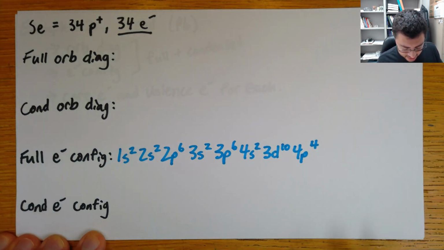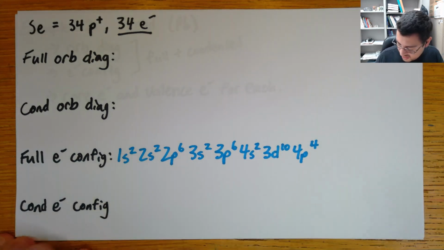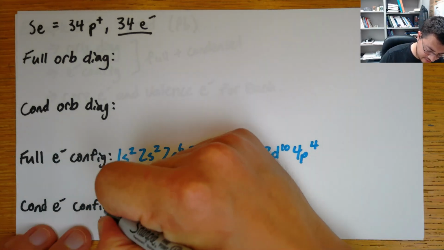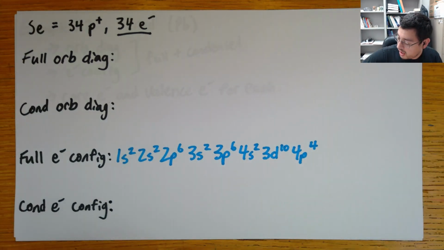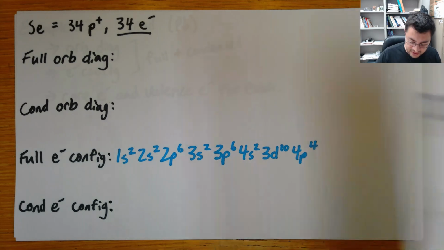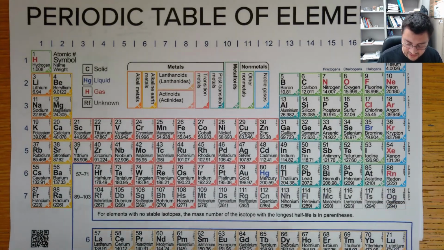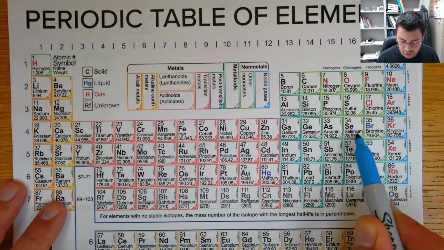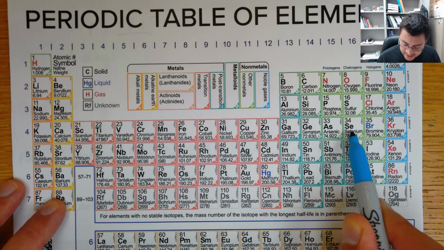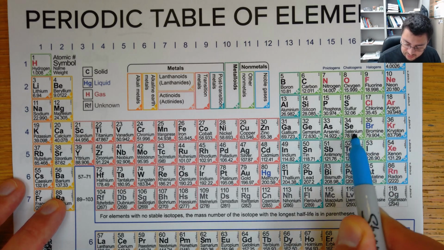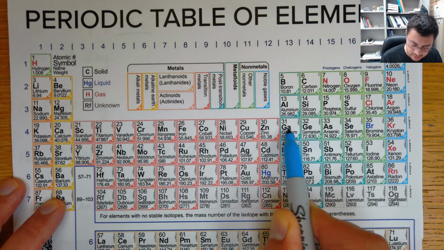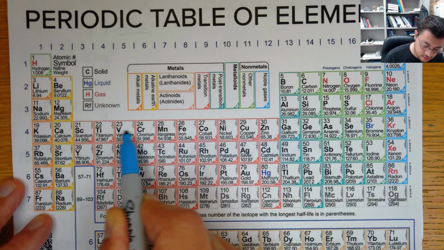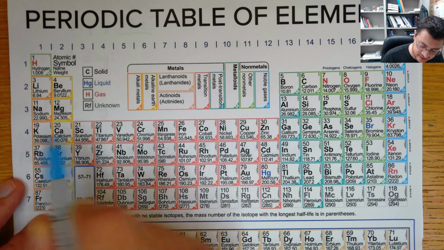Let's do the condensed electron configuration next. I know someone's going to be driven nuts by me forgetting that colon. So there we go. For the condensed electron configuration, let's work backwards to find the most recently filled noble gas. That looks like it's going to be argon at 18. We can confirm going backwards: 34, 33, 32, 21, 20, 19, 18.